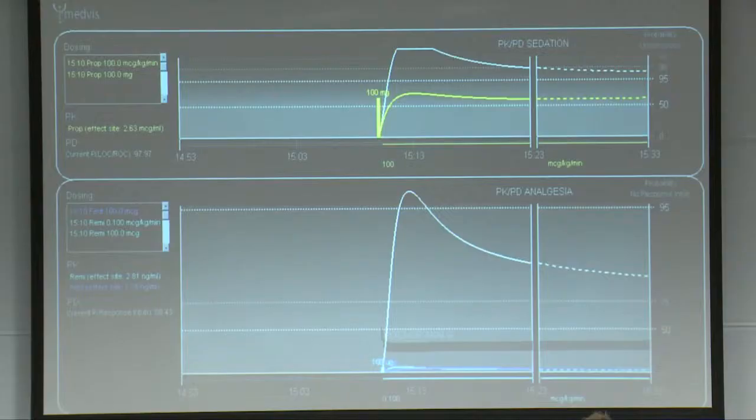We found in early human factor studies this display on the right is a little too overwhelming, a little too complicated.